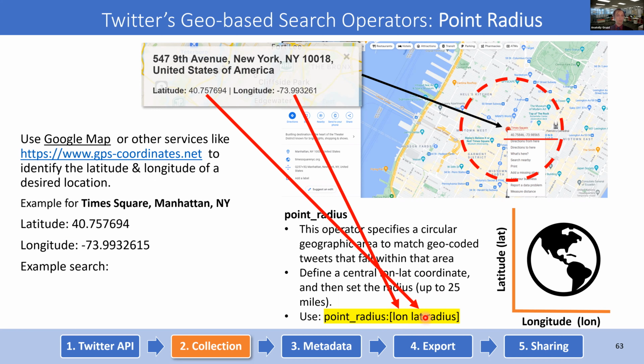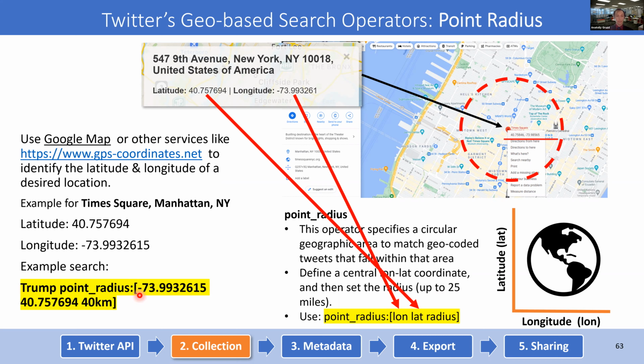So in our example of Times Square, you can do a search like this one. Give me any tweets that include the keyword Trump, an arbitrary keyword, and then posted within the Manhattan area. Then I put the point_radius operator, colon, then square brackets, that's an important nuance.